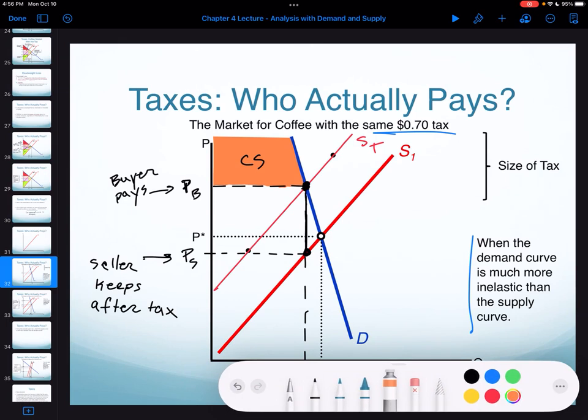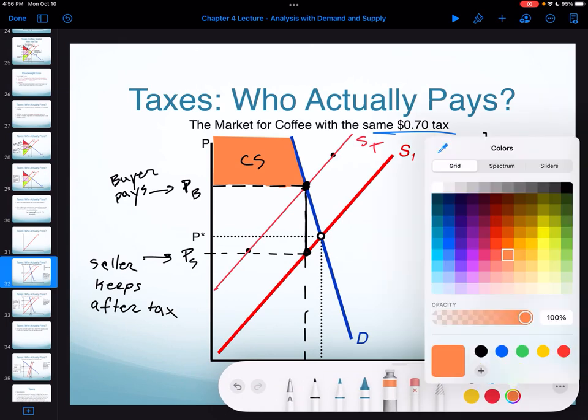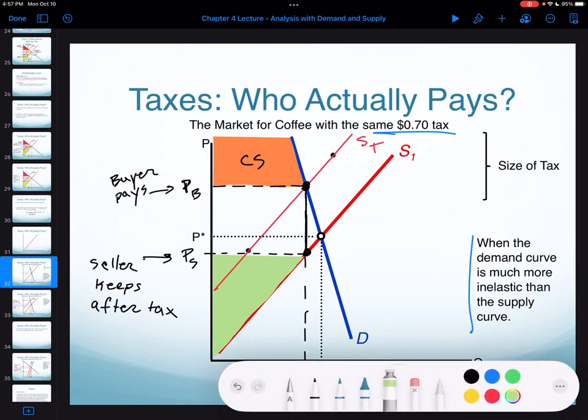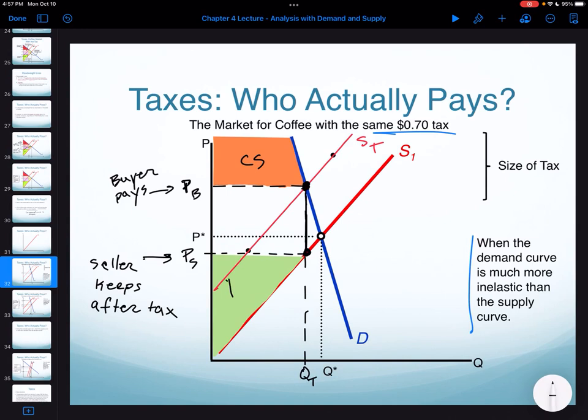And let's do the area down below. This time let's use a light green for producer surplus. Let's fill this in. Okay, so now let me label that. That is producer surplus.